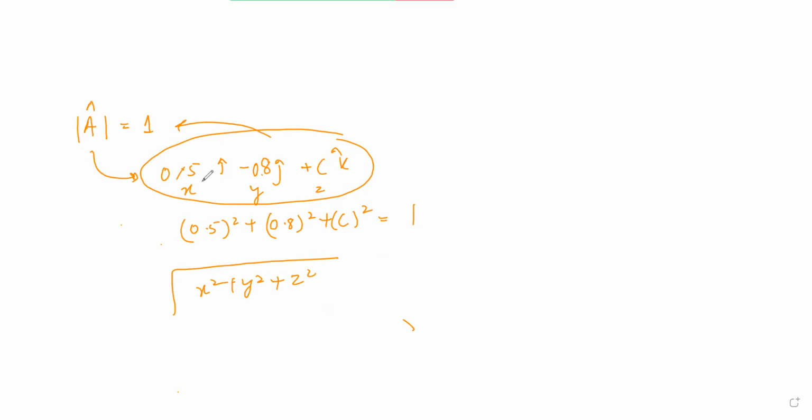Sir, I didn't understand. So if there is any vector, it can be represented as the magnitude of this vector times the unit vector. Now, a unit vector has got a magnitude equal to 1. Okay, fine. Now they are saying that there is some unit vector. We don't know.